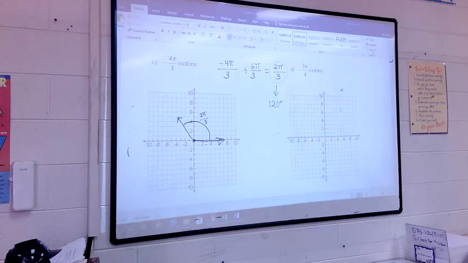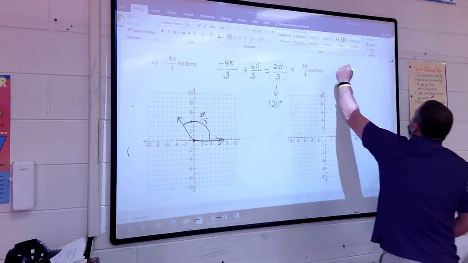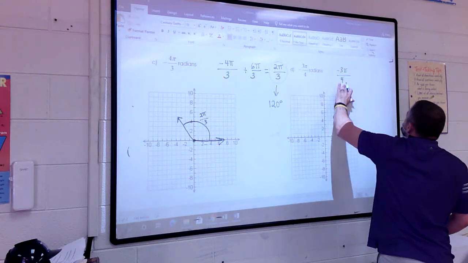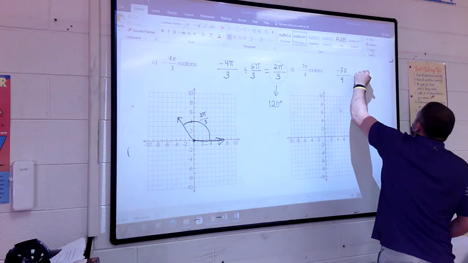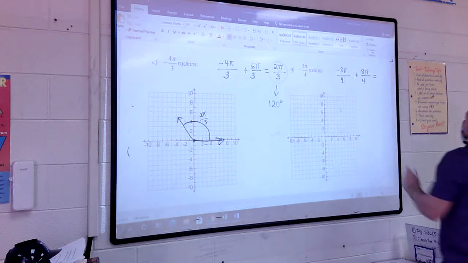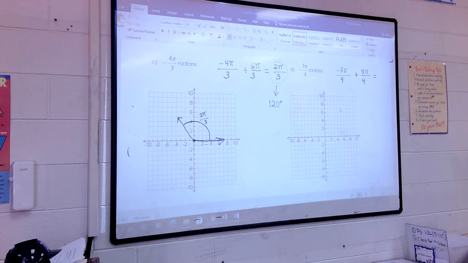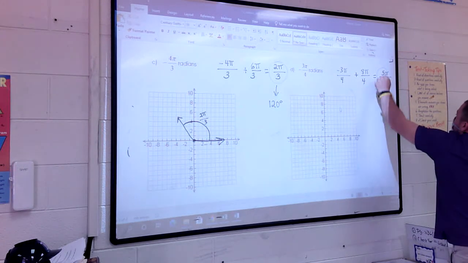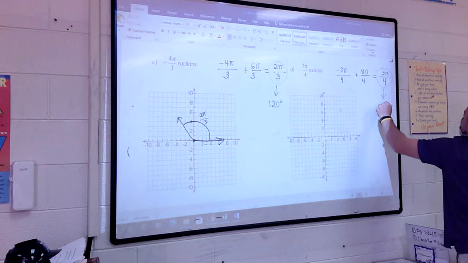All right, negative 3 pi over 4. So you can say negative 3 over 4 plus 2. That will give you your answer. 2 would be 8 over 4. So negative 3 plus 8 is 5 pi over 4. And 5 pi over 4 in degrees is, yeah, there we go.